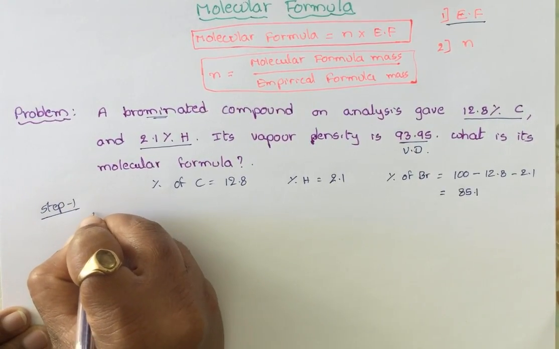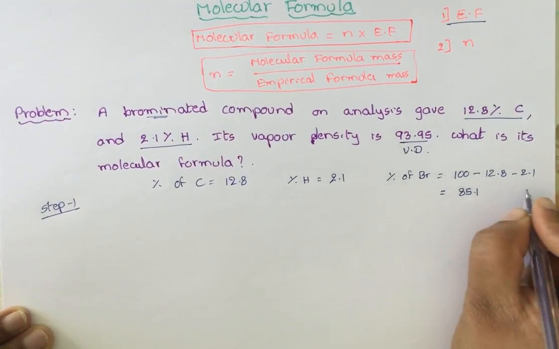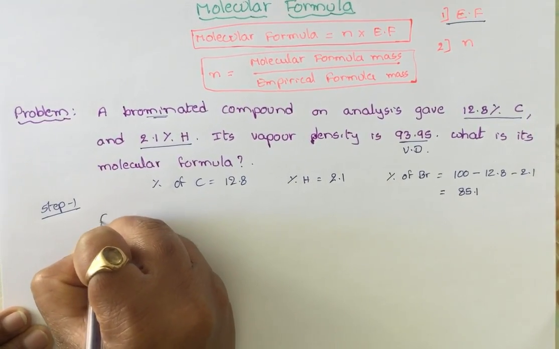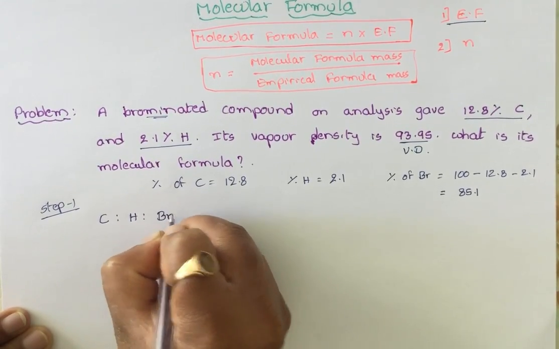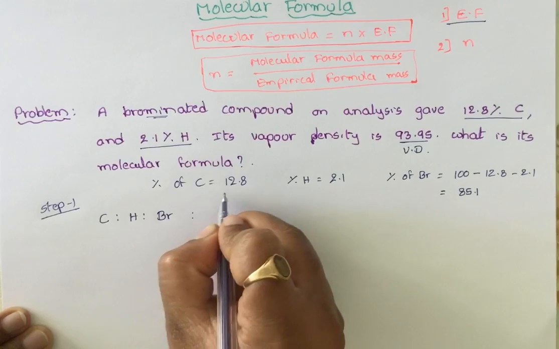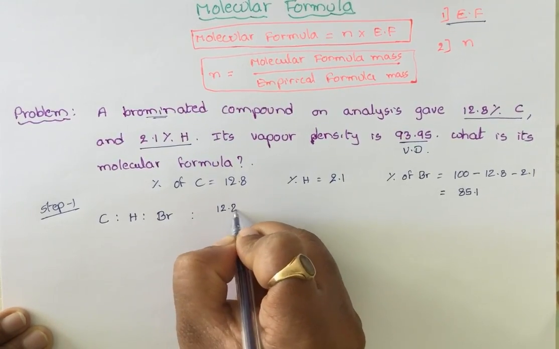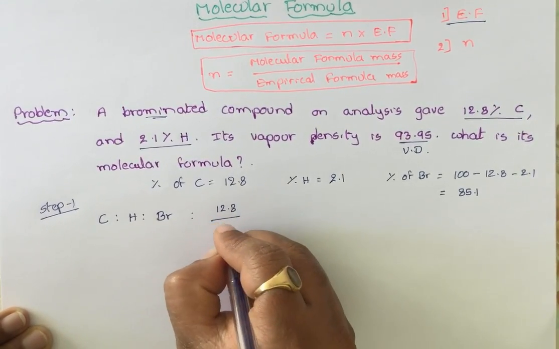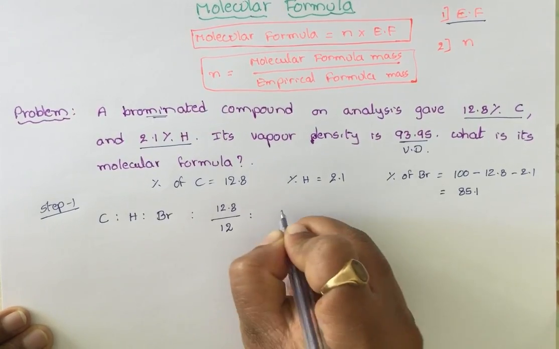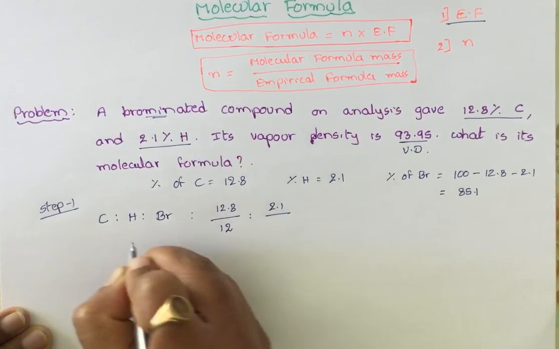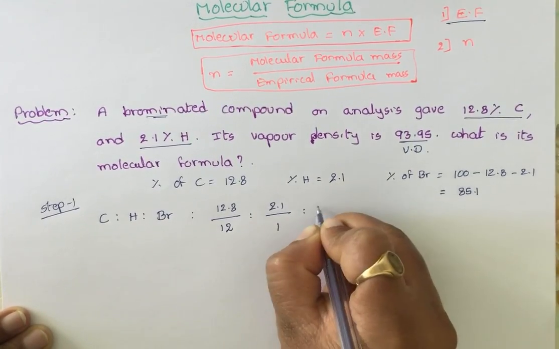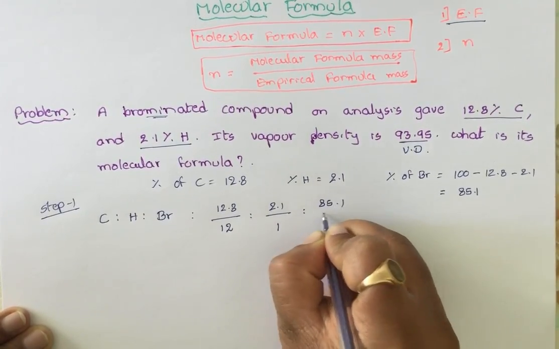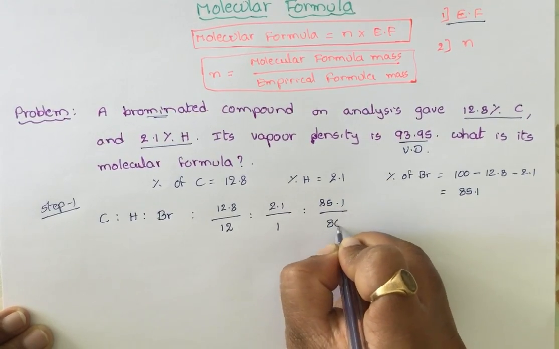How can I do this? I already know the percentage weights, so directly I will take the ratio of carbon, hydrogen, bromine. Carbon: 12.8 divided by the atomic mass 12. Hydrogen: 2.1 divided by 1. Bromine: 85.1 divided by the atomic mass 80.